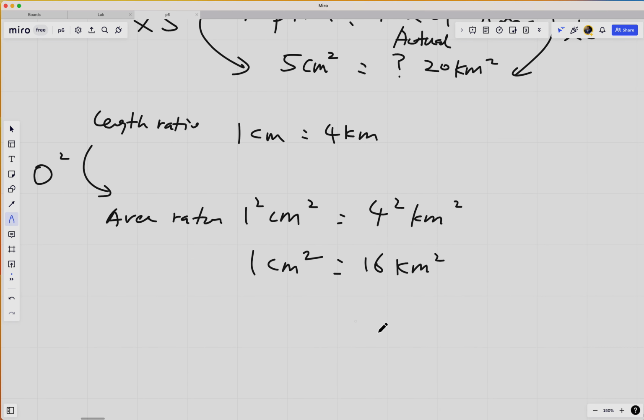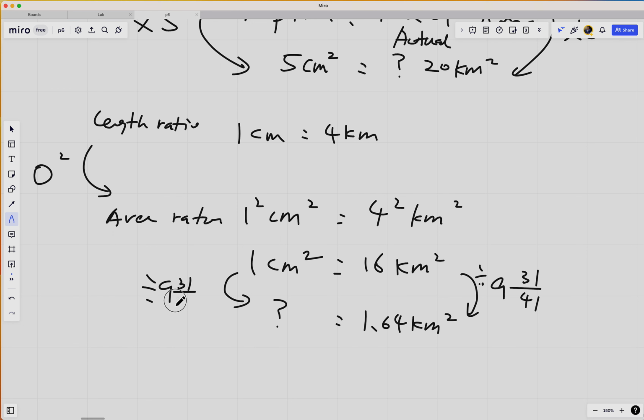Then you are given that the actual area is 1.64 kilometer square, and you are asked to find the question mark, which is the map. So how do you get to 1.64? 16 divided by 1.6. You divide by this one, then this side must also divide by the same thing.